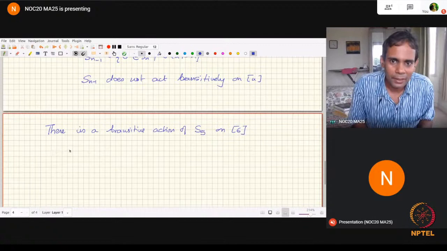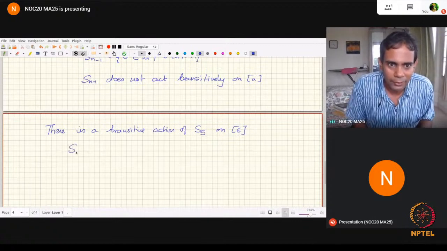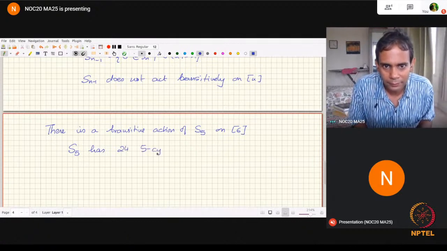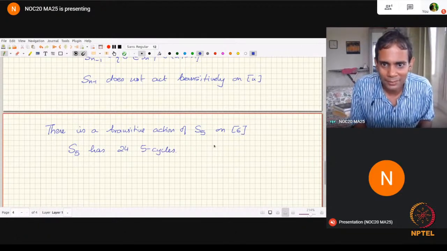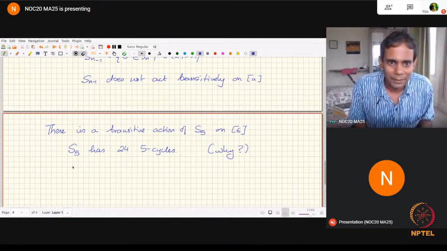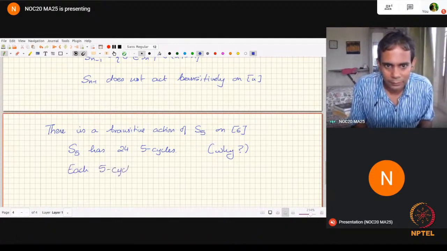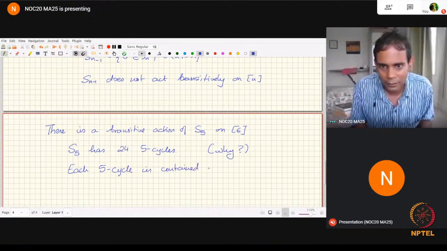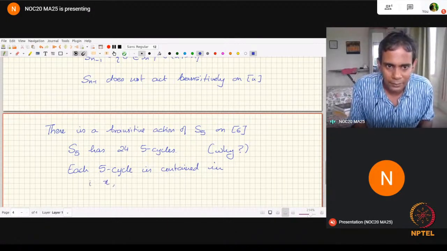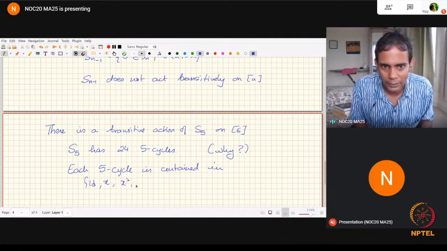What you do is, S5 has 24 5-cycles. I'll let you think about that. And each 5-cycle is contained in a unique group of order 5. Namely, you just take that 5-cycle x: you take the identity, x, x squared, x cubed, and x to the power 4.